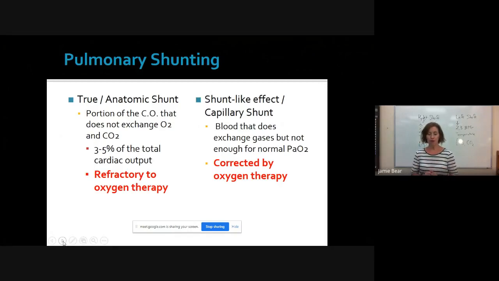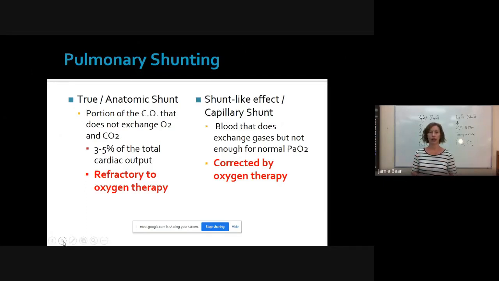Two things. When we have an anatomic shunt, we say that it's refractory to oxygen therapy. So if you have a true shunt, oxygen will not work. So that's anatomic. And if somebody has a congenital heart defect, that's one way that you can see right away.